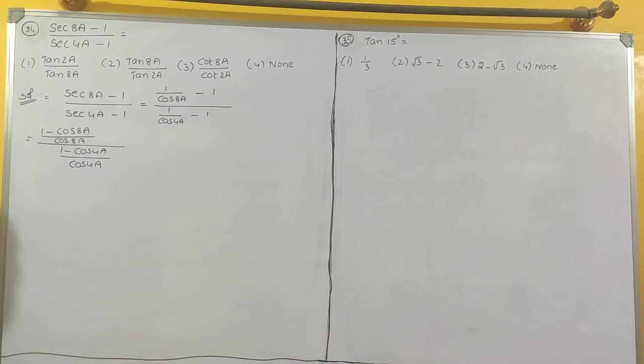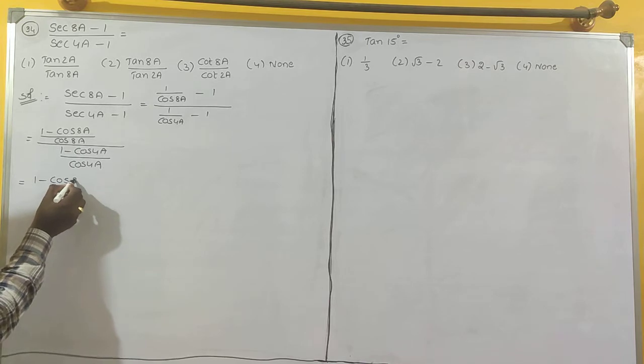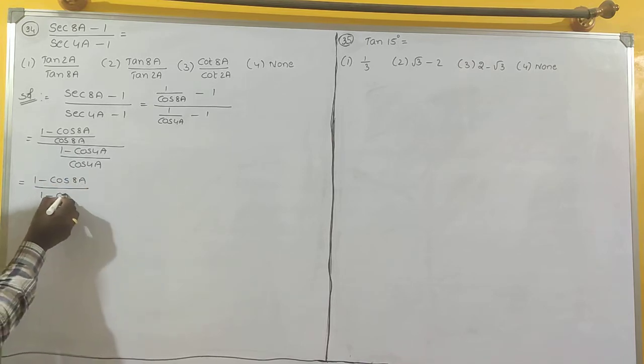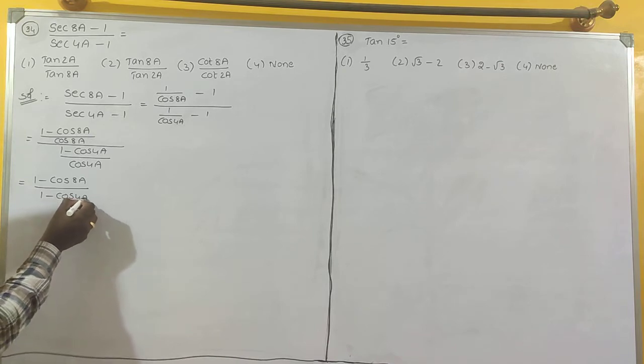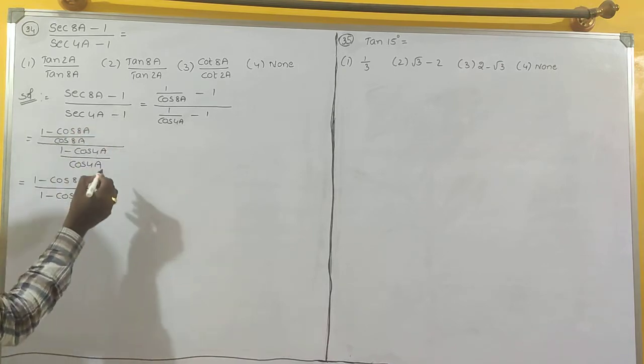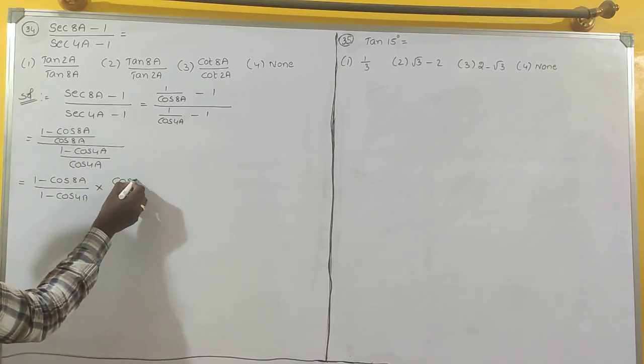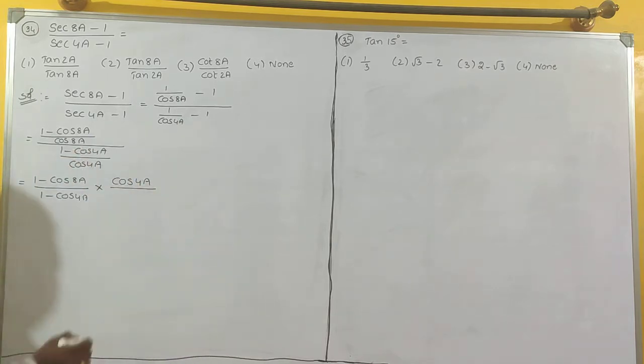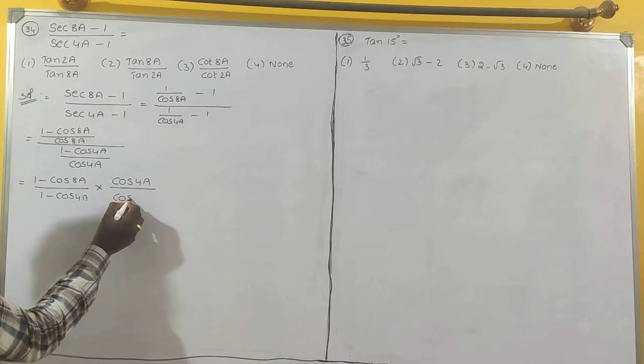Now from this we can write (1 minus cos 8a) by (1 minus cos 4a) into, this cos 4a will go to the numerator and this cos 8a will come to the denominator.